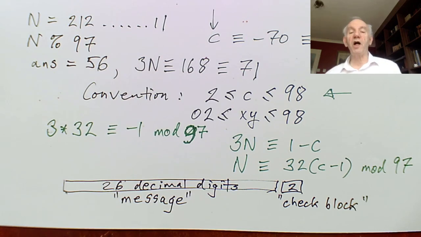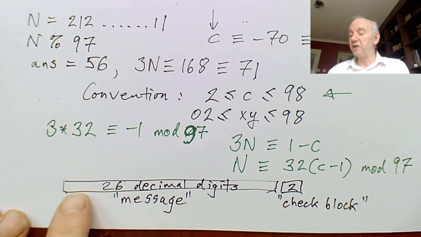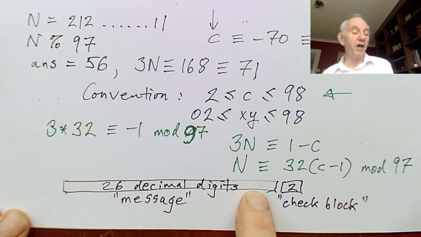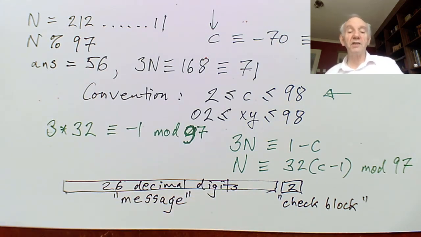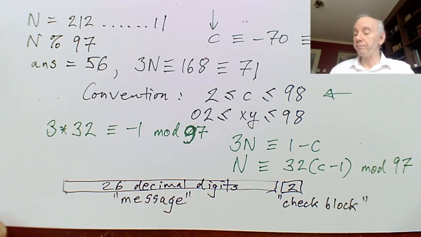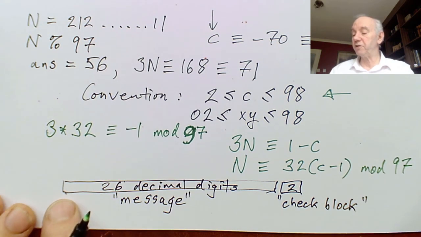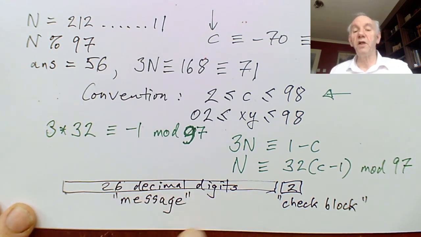But in binary codes, and incidentally we won't be using decimals anymore, we'll just be using zeros and ones, we'll have the same setup. We'll have a message to transmit, which will consist of a certain string of binary digits. In our exercises, it will be fortunately less than 26, but in practical situations, it will be much, much larger than 26.